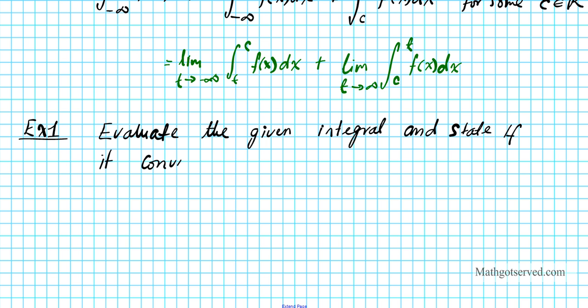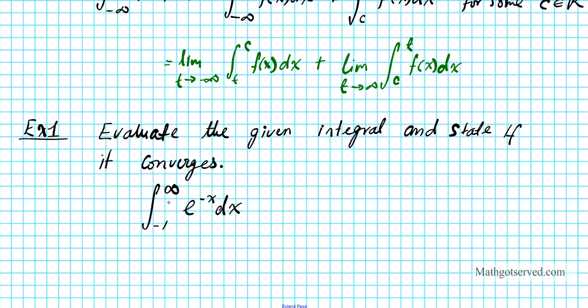What we're evaluating here is the integral from -1 to infinity of e to the negative x dx. Does this look familiar? Yeah, this is the original scenario I presented to you.